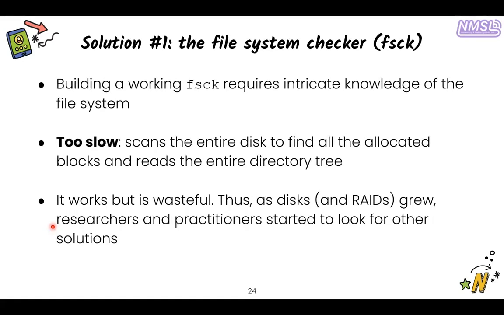The problem with FSCK is that if you want to build a working FSCK, you need very intricate knowledge of the entire file system. So it's very slow. From the root all the way down, it scans and checks. It will take a while. So it works, but it's very wasteful. As disks and RAIDs grew, people started to look for other solutions.